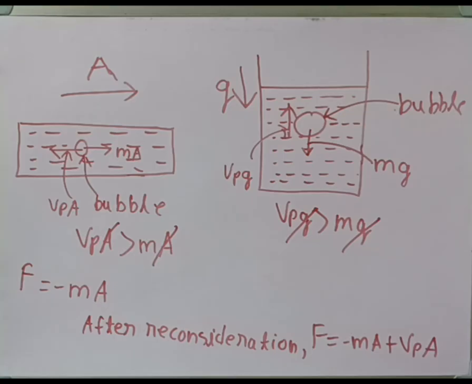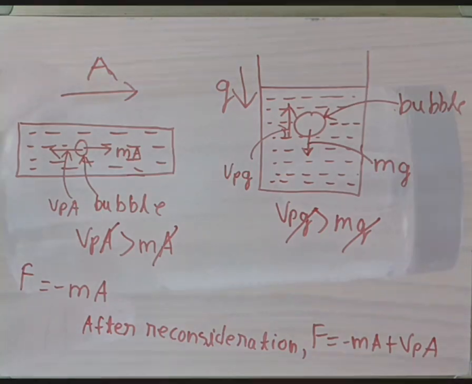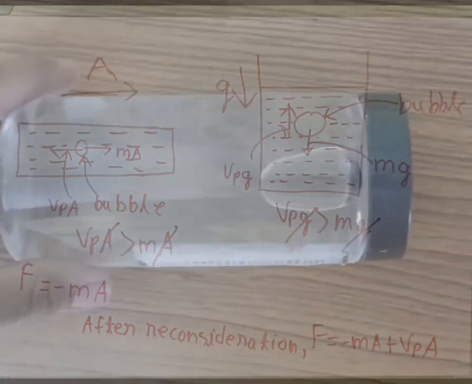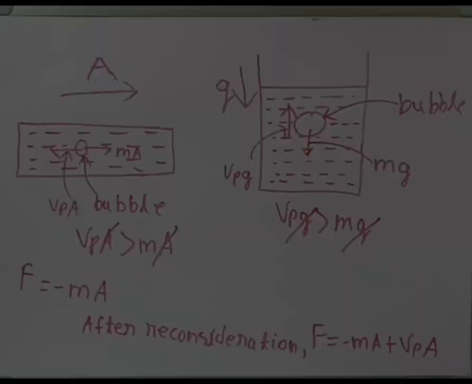Now as we have proved that V rho into capital A is greater than m into capital A, the resultant of this value will be positive. That means yes, the net force on the bubble according to the bottle is indeed in the direction of the acceleration of the bottle itself, and that's why the bubble moves forward. Therefore we have proved.